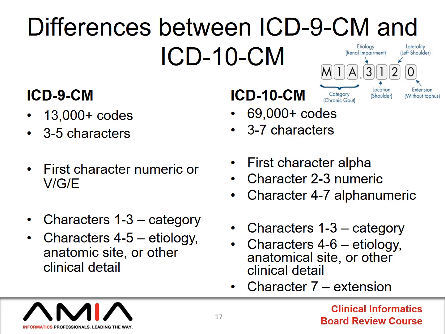Whereas ICD-9-CM codes are mostly numeric, with the exception of the V, G, and E codes, ICD-10 has the first character as alpha, characters 2 to 3 as numeric, and characters 4 to 7 as able to be alphanumeric. The specific location of the character indicates different aspects of the code in both ICD-9-CM and ICD-10-CM.